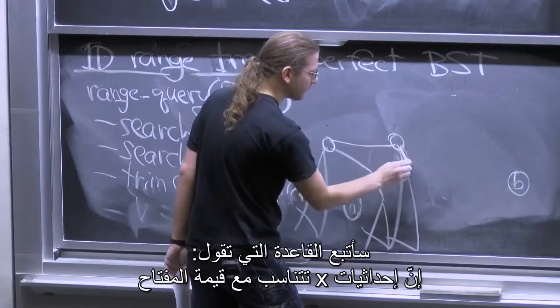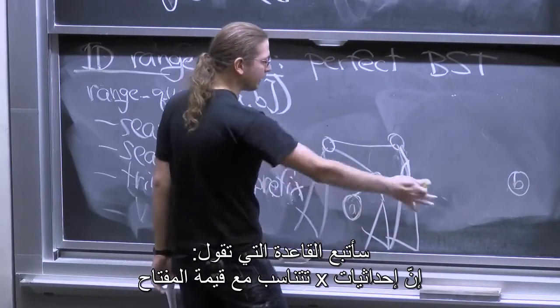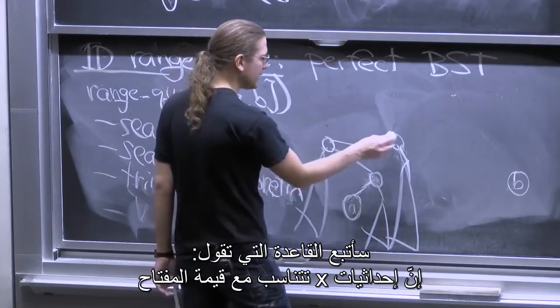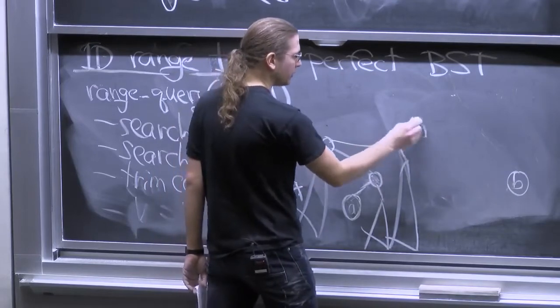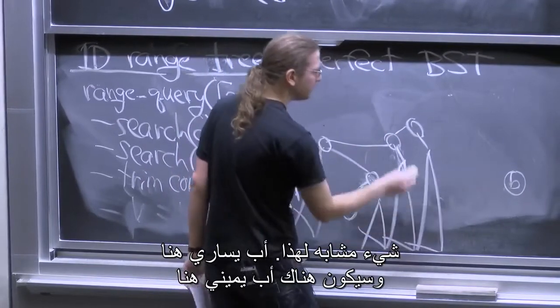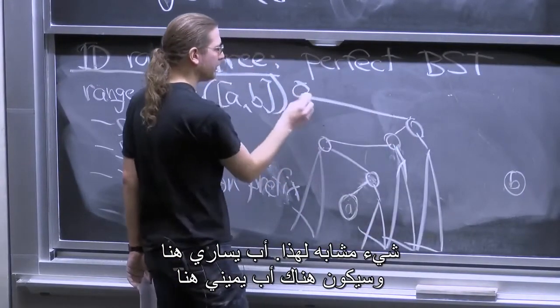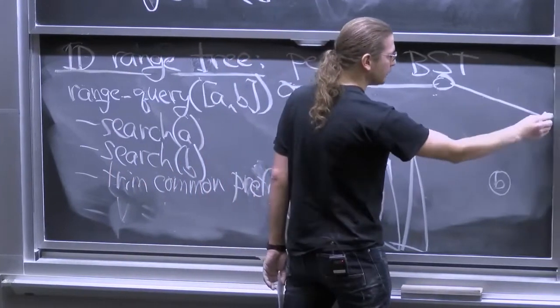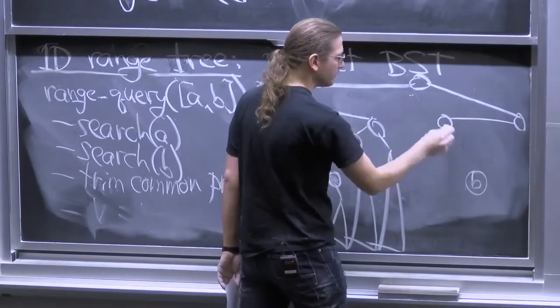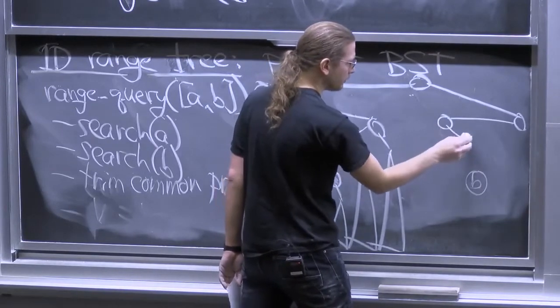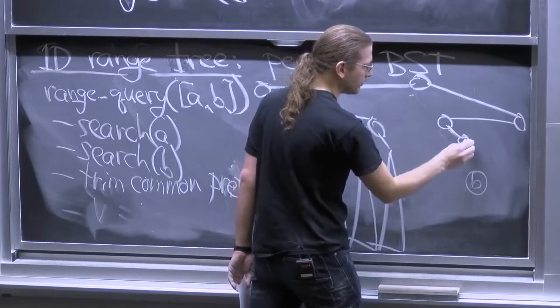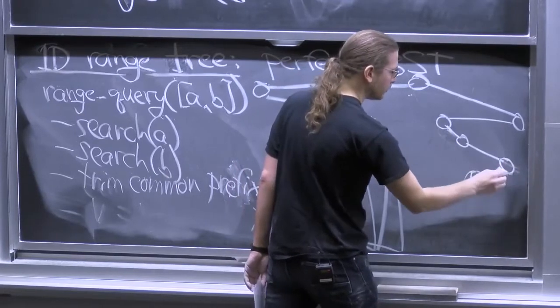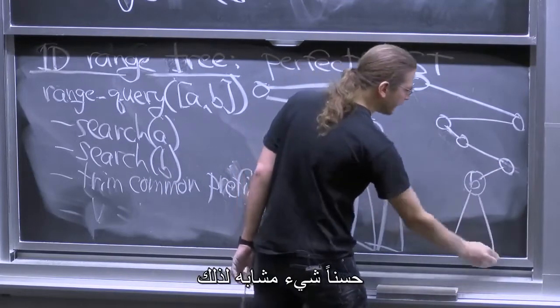I'm going to follow my convention again that x coordinate corresponds roughly to key. So maybe something like this. Left parent here. Maybe right parent here. Okay, something like that.